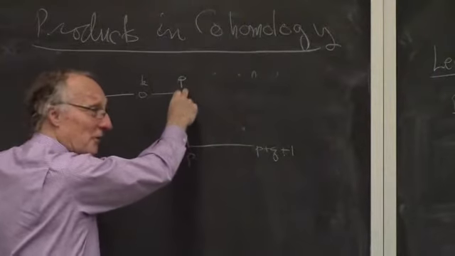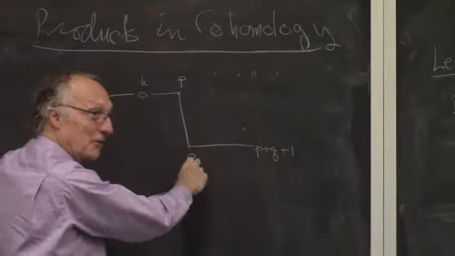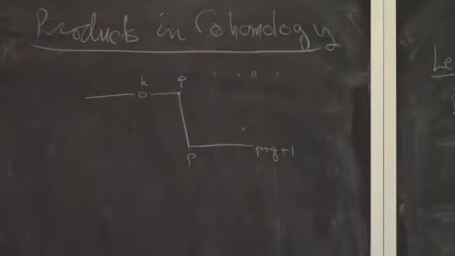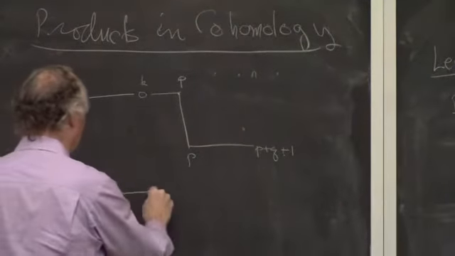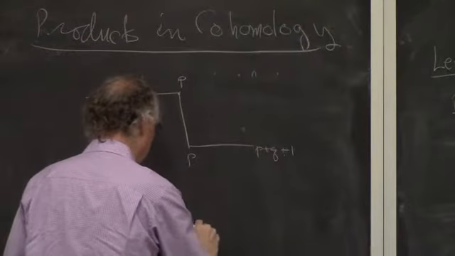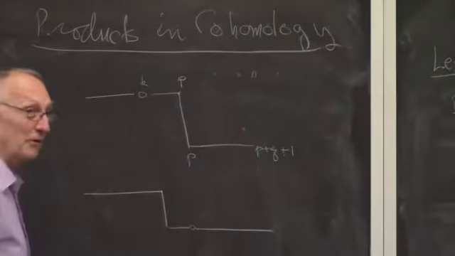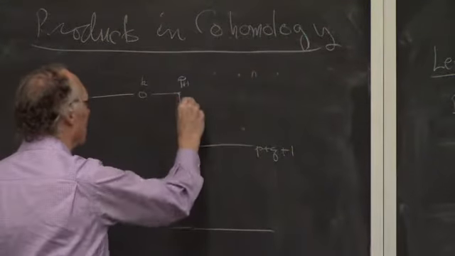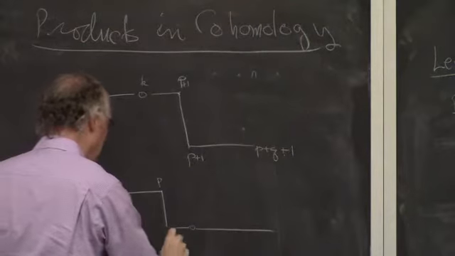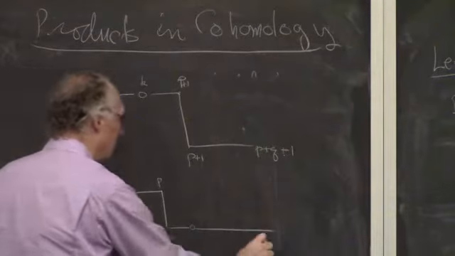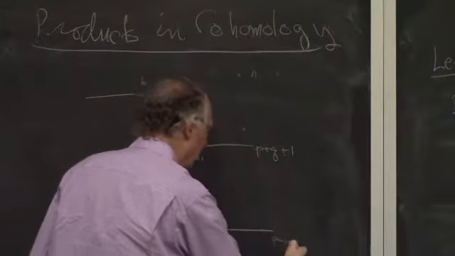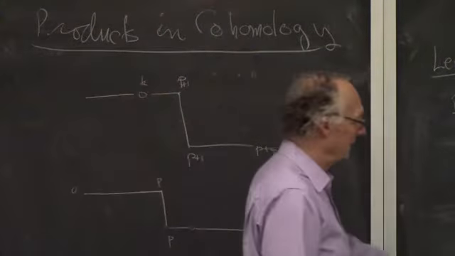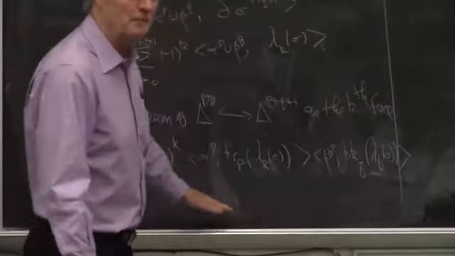Let me see, this is the p minus first vertex, and this is the p plus q vertex. So that's one kind of picture you can have. The other kind of picture is when the deletion occurs after the doubled vertex. So this would actually be p plus 1, p plus 1, p. So those are the two possible pictures that come into this formula.